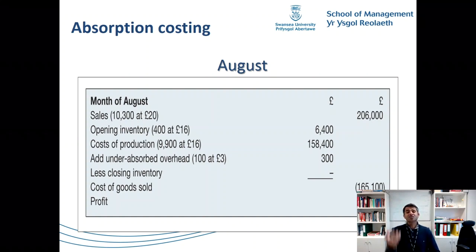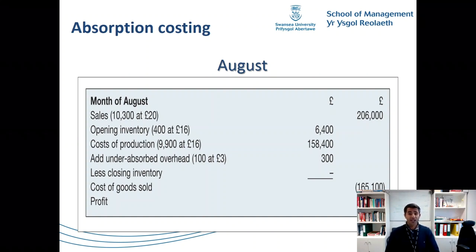We are under absorbed. Now think about it. What is the cost of production? The actual cost of production is not 9,900 times £16, but it is 10,000 times £16. Why? Because how about the £30,000 fixed cost element? The business pays rent of £1,000 every day.